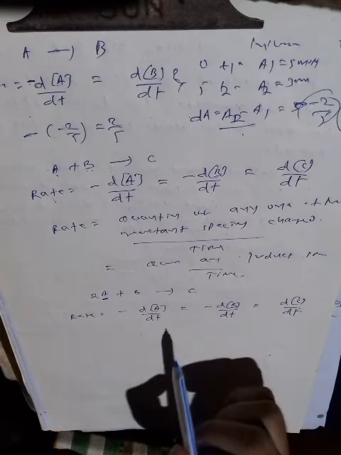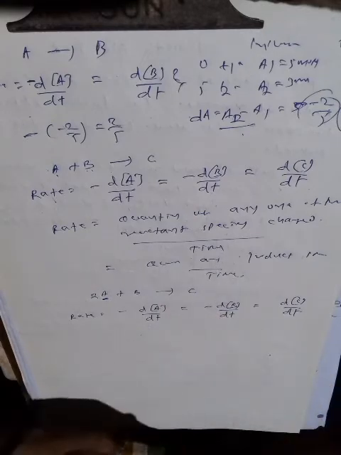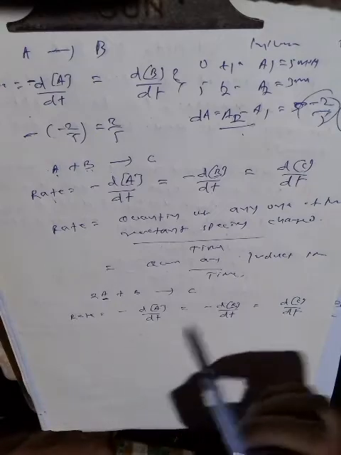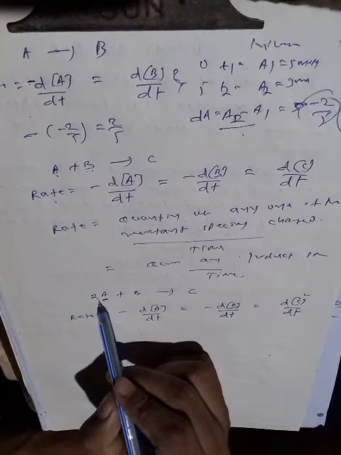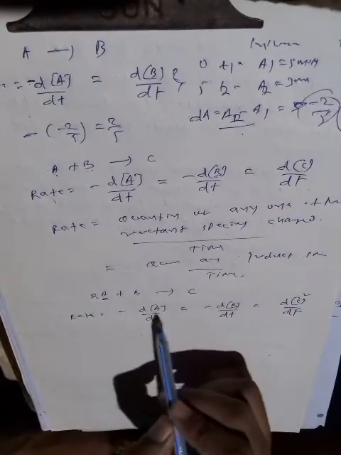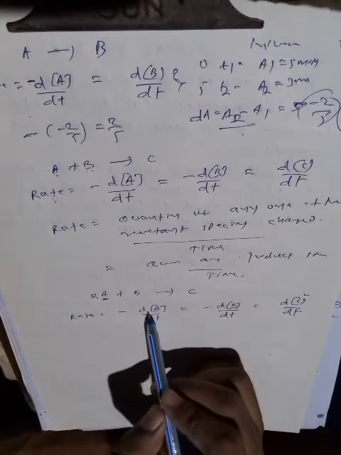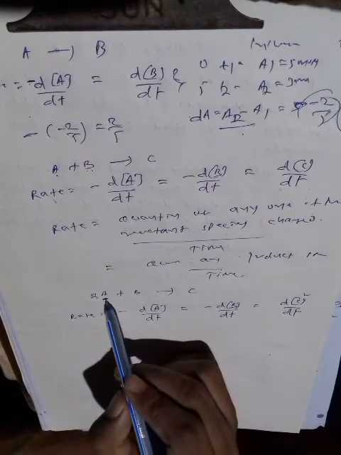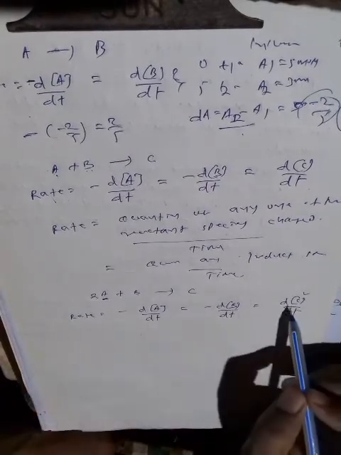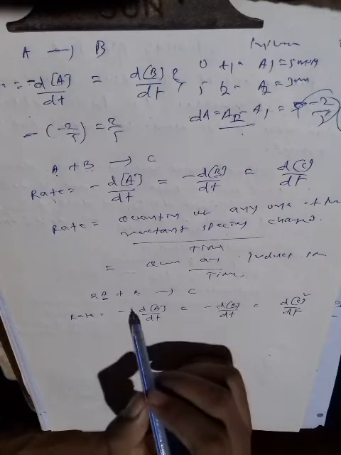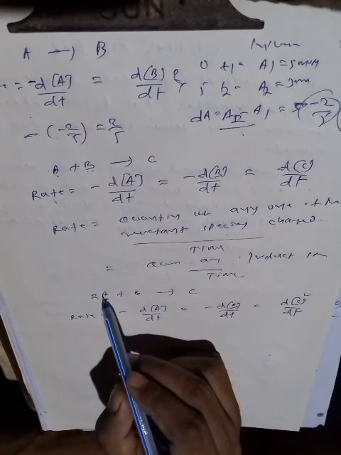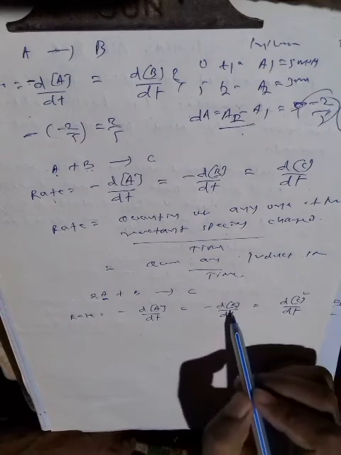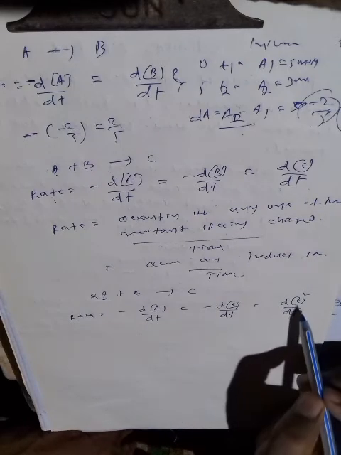This will be the rate expression according to the above procedure, but this is not the correct rate expression. Here 2 moles of A, you can say this as rate of disappearance because it is gradually decreasing, and this is rate of formation. Here the rate of disappearance of A is twice the rate of disappearance of B, or we can say the rate of formation of C.